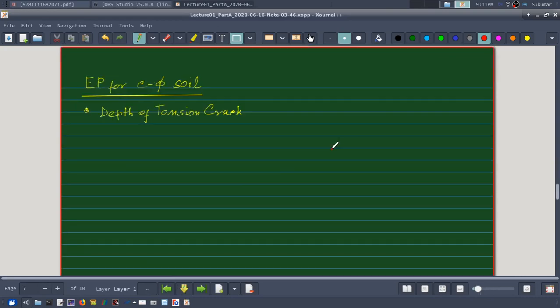is earth pressure for C-phi soil. We remember that if I consider the active earth pressure, what was the value of active earth pressure coefficient for C-phi soil?